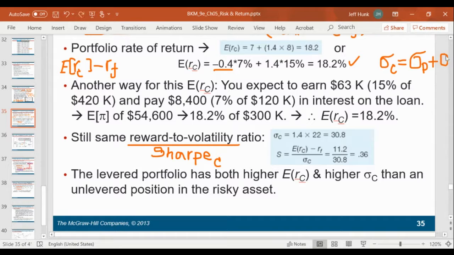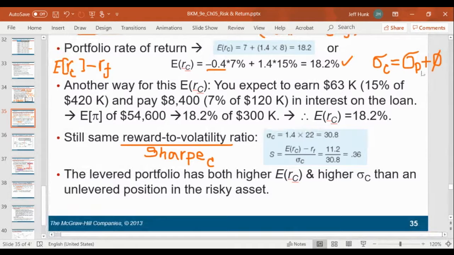Because it's risk-free, right? There's no better way of expressing this. So it is always and only the same thing, 22%, just multiplied by the weight, right?